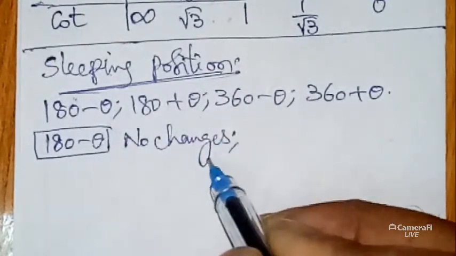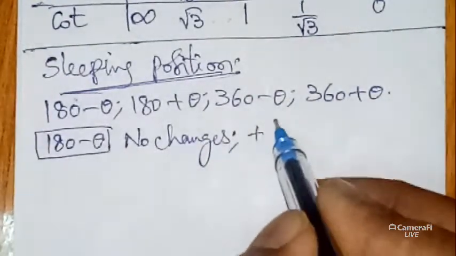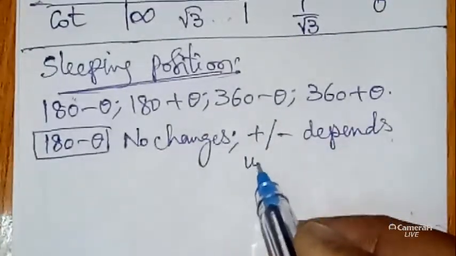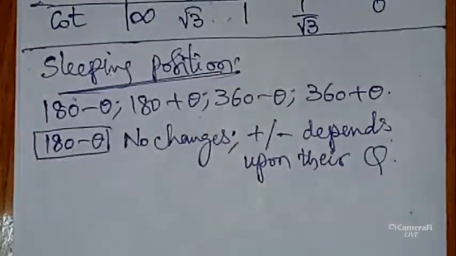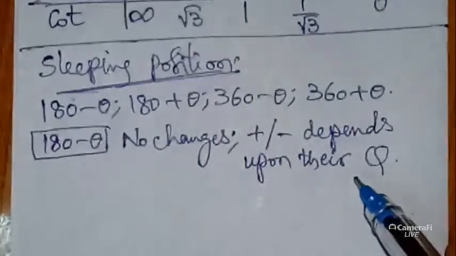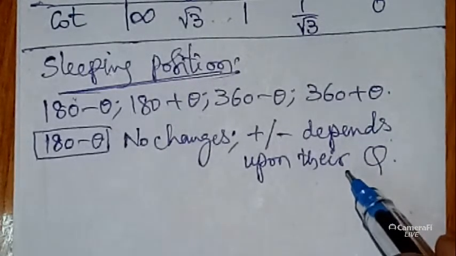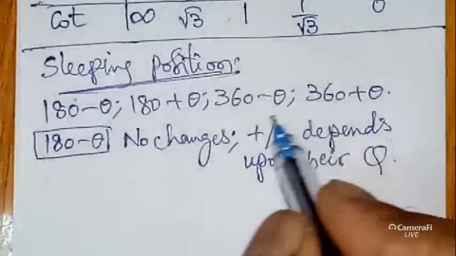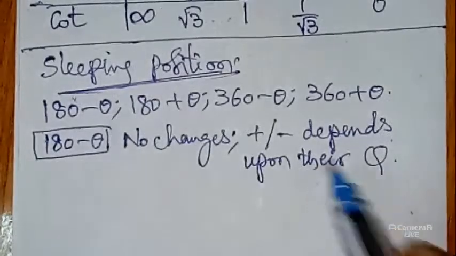No changes means sin stays sin, cos stays cos, like that. After that plus or minus, which depends upon their quadrant. First quadrant all are positive, second quadrant sin and cosecant are positive, third quadrant tan and cot are positive, and at the last, fourth quadrant cos and secant are positive.